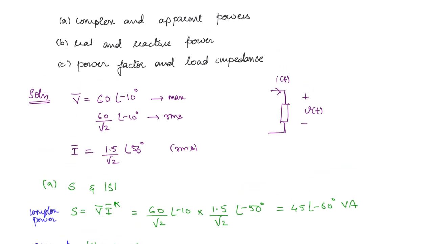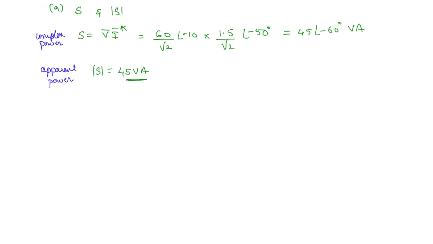This is the first question. What is the second question? You have to find the real and reactive power. Real power is represented by P and reactive power by Q. You can find these either from voltage and current, that is VI cos φ, or as the complex power magnitude times cos φ. So S is 45 and cos of −60 degrees, so P is going to be 22.5.